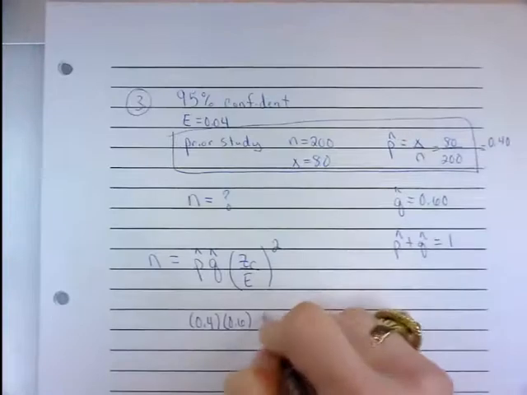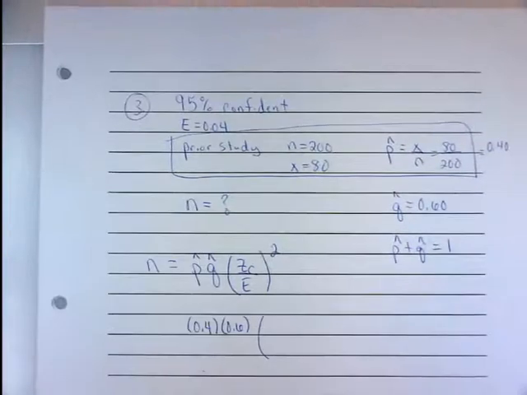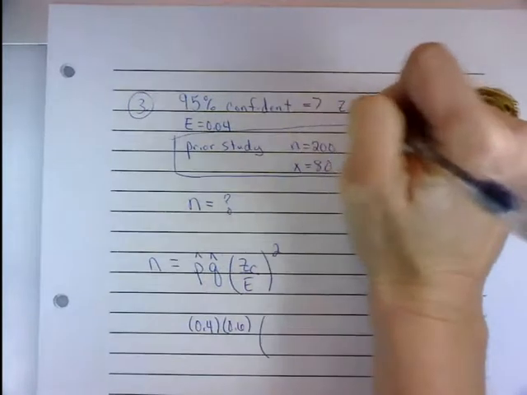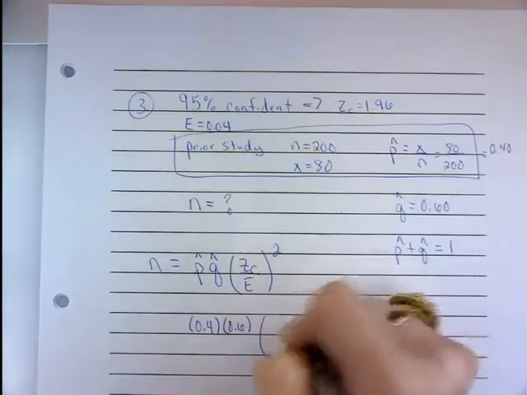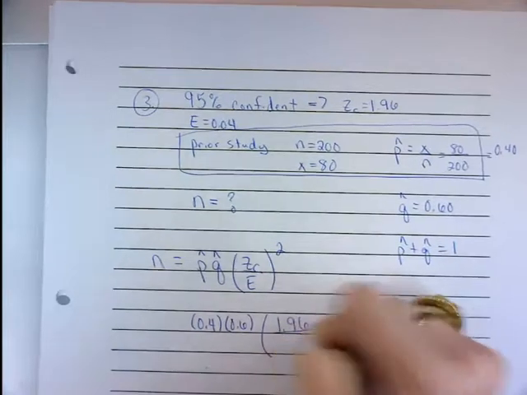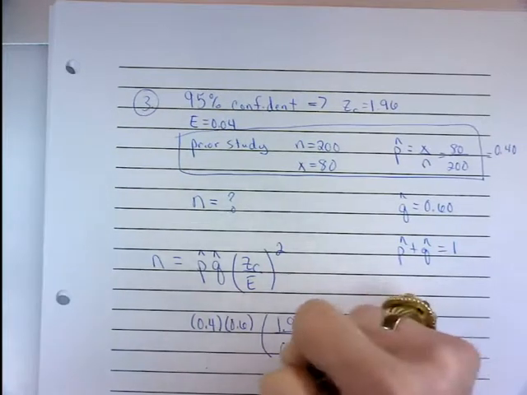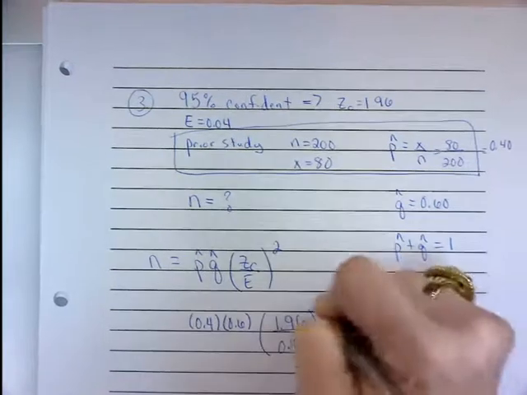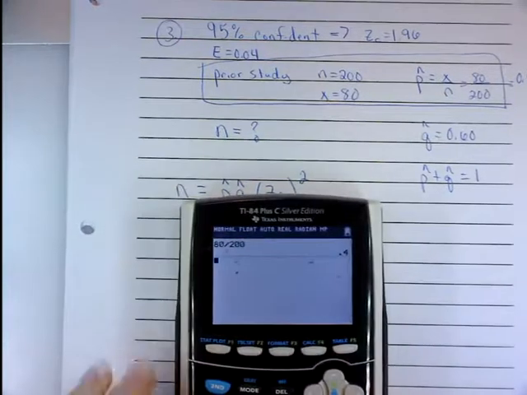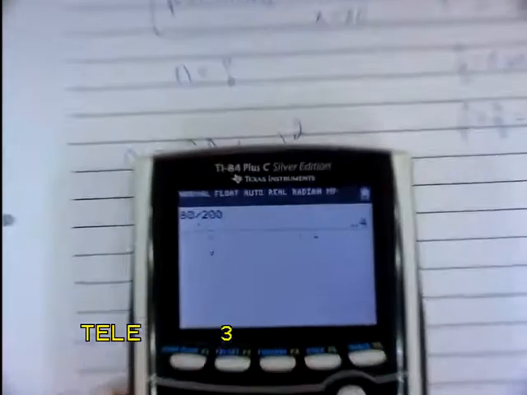Q hat is 0.6. Since it is 95% confident, that implies that z is 1.96 because it is a type of z interval using the z table. And within 4%, e is 0.04. Plug it into the calculator and always round up regardless of decimal.